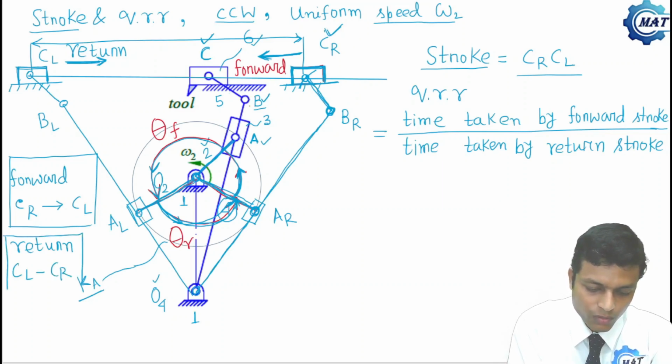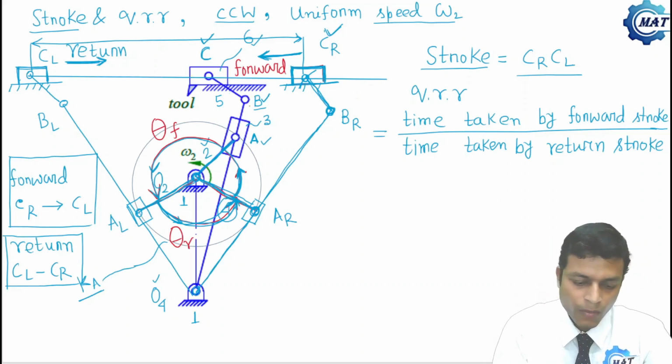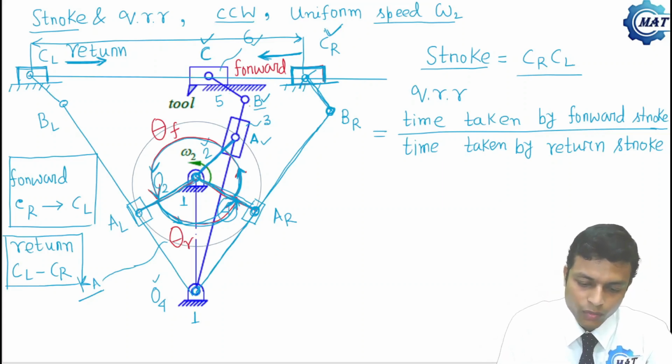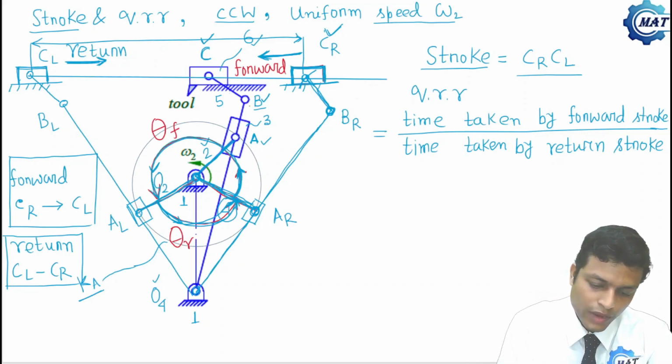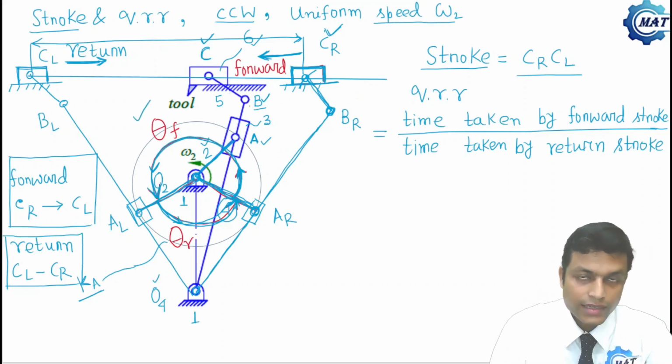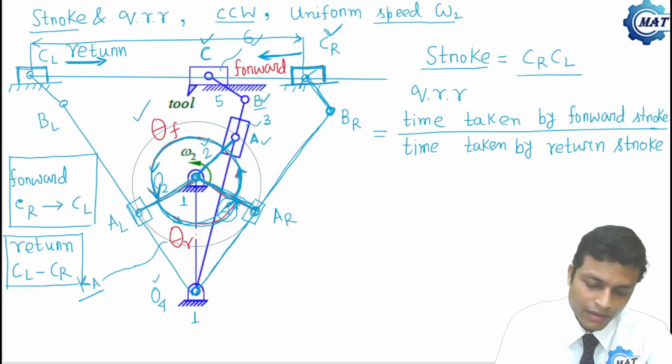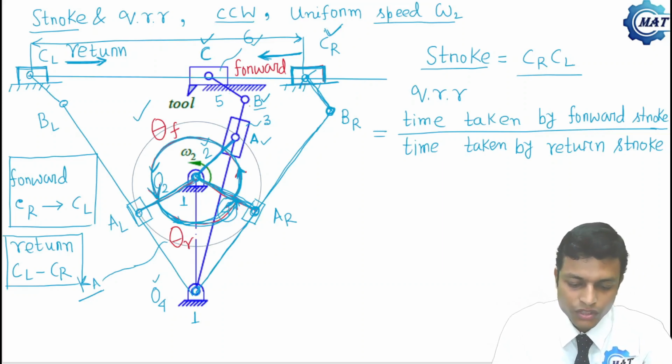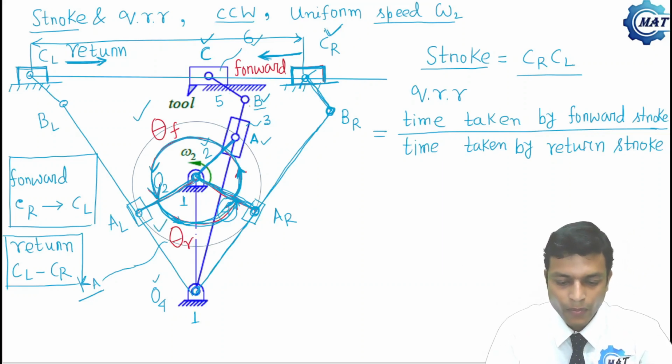So this is forward motion and this is return motion. During forward motion, the crank travels from O2AR to O2AL, which is denoted by theta F, and during return, the crank moves from O2AL to O2AR, which is denoted by theta R.